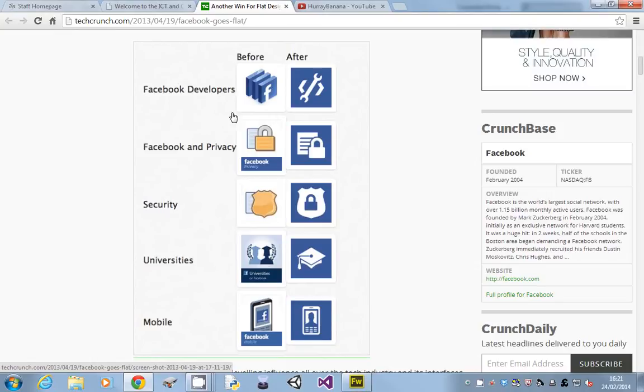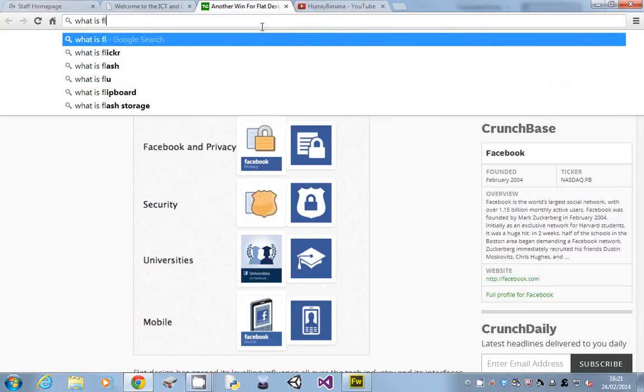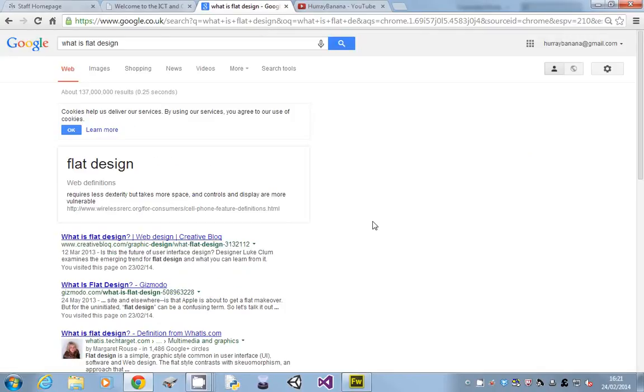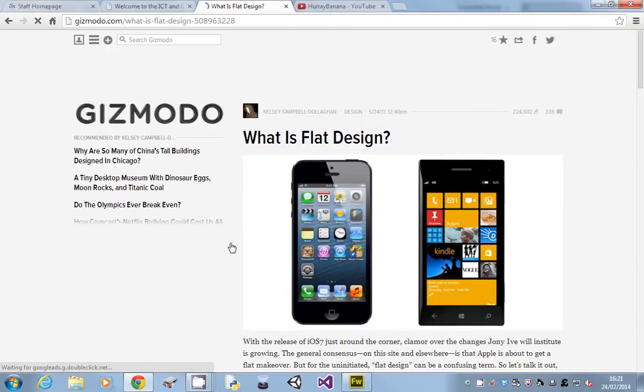There are other examples on there, but the best way for you to research this a little bit is to actually do some searching. If you just say, what is flat design? You'll get links to things. Some of them will be useless, some of them will be good.